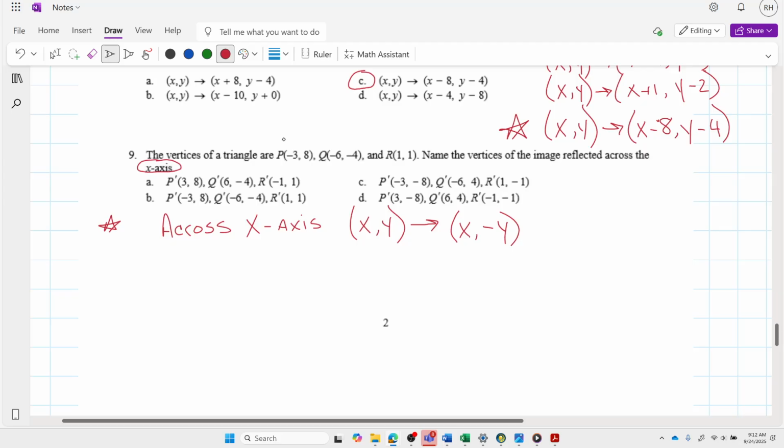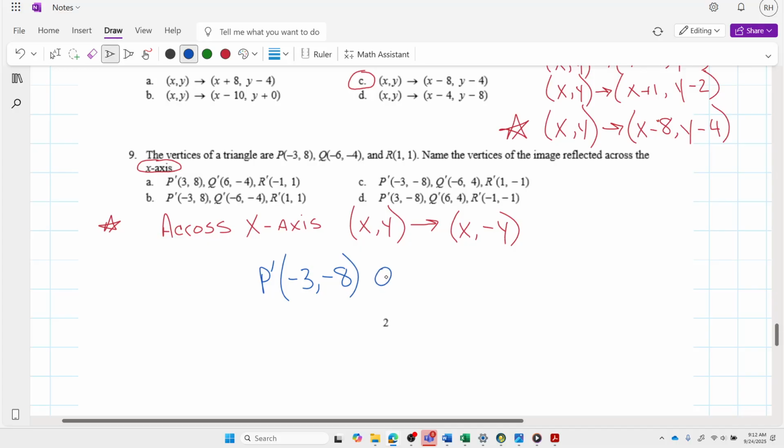So we're going to use the initial points given, P, Q, and R. We're going to apply this rule, and now we've got a P prime. So our P prime is going to be at, our x is going to be the same, so x is at negative 3, and our y is going to be opposite, so negative 8.